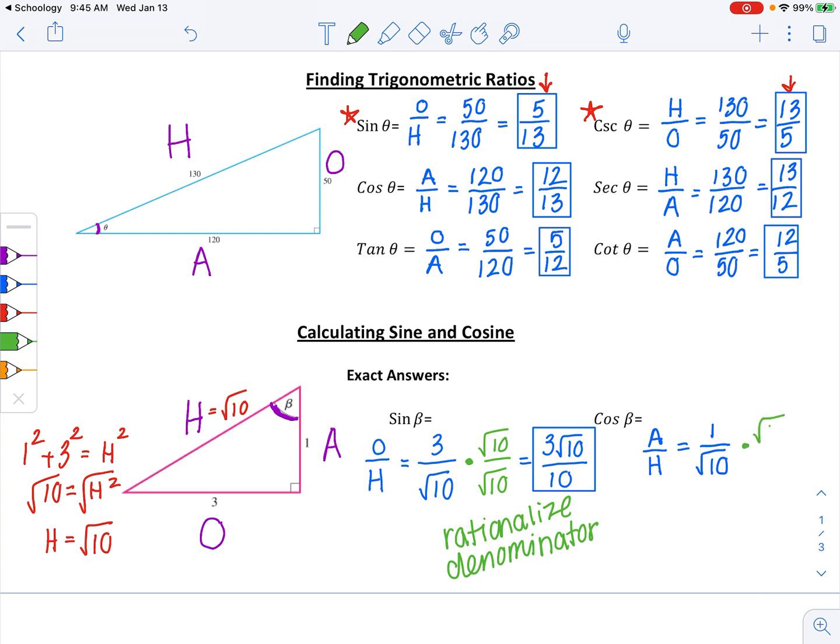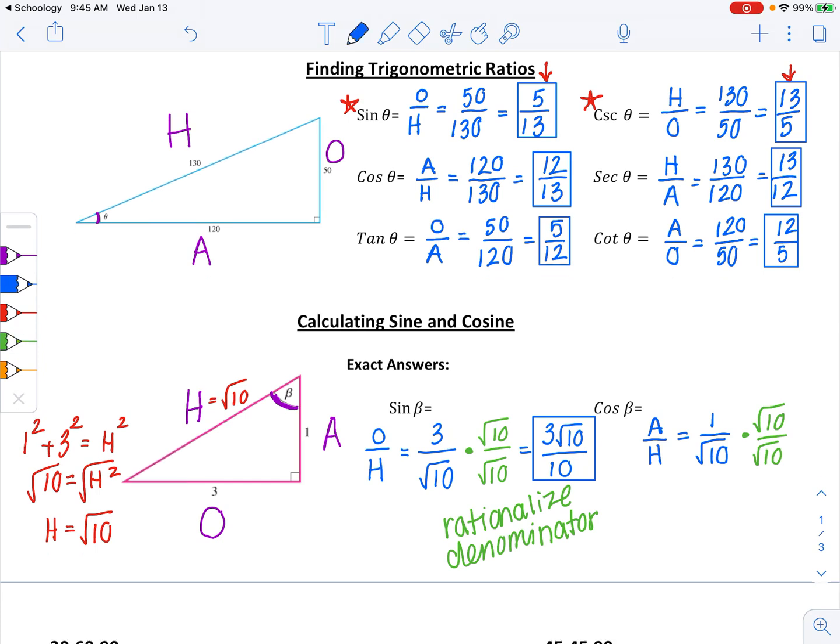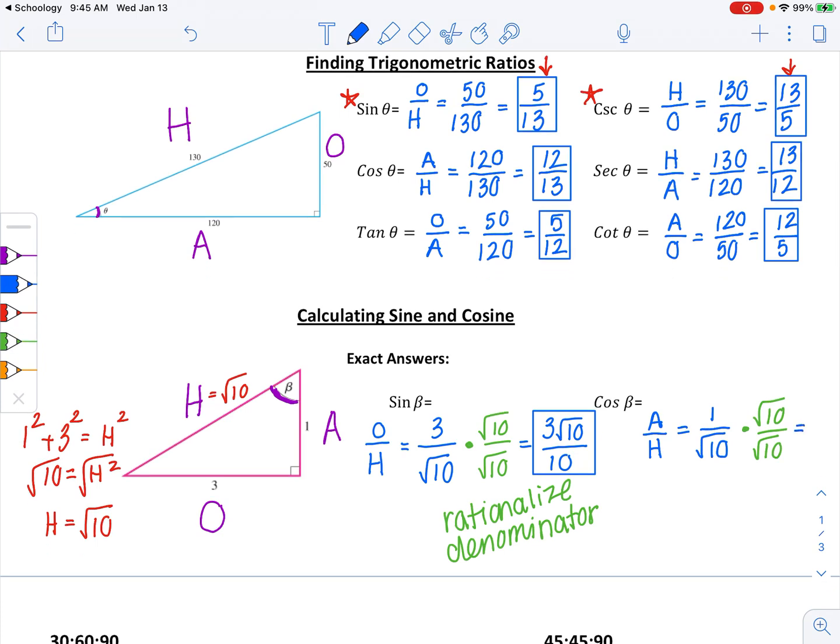Multiply by that denominator in the numerator and denominator. So then you can simplify. You will get root 10 on top. Denominator is just 10. This is the answer you need. Do not leave a square root. Again, rationalize that denominator so there's no square roots in the bottom.